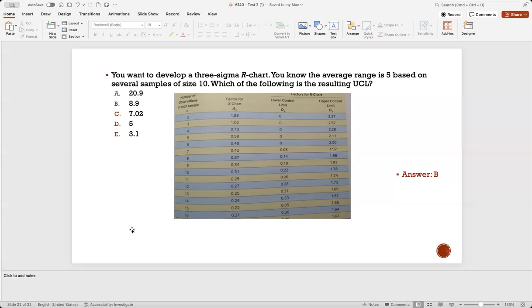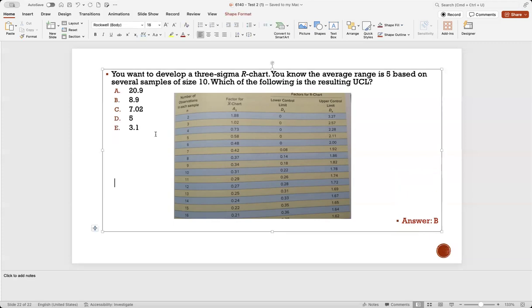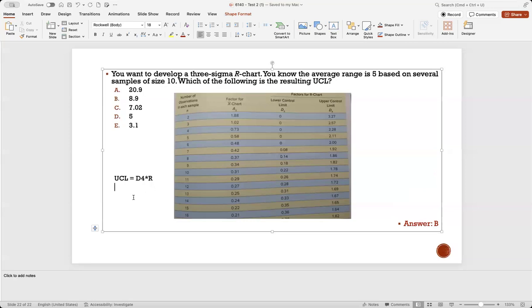So for the R chart, the upper limit equals D4 times the average R. The average range is 5, so R-bar equals 5. The D4 depends on the sample size.